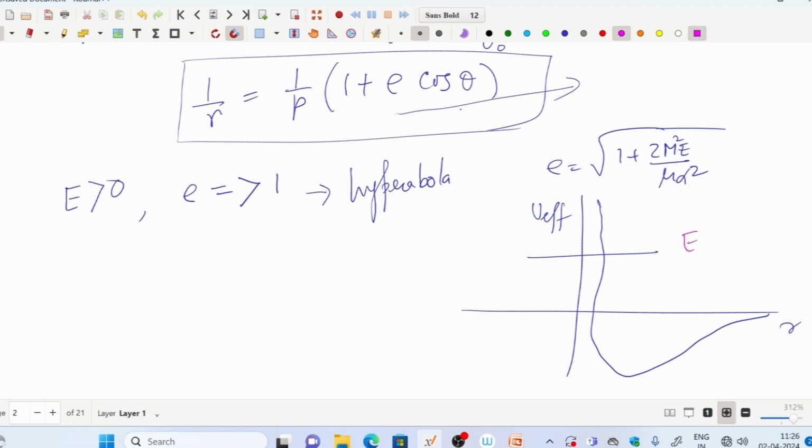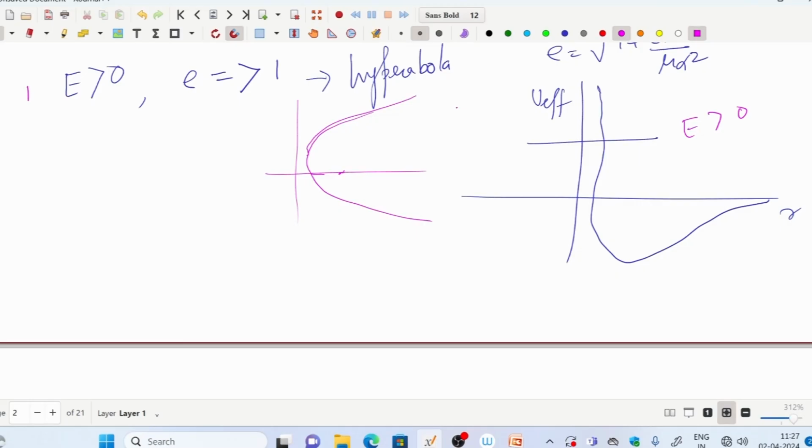The particle will come in and return back to infinity, with a smallest approach to the center of force. This completely matches our qualitative analysis and the direct solution. So that is for E greater than 0.